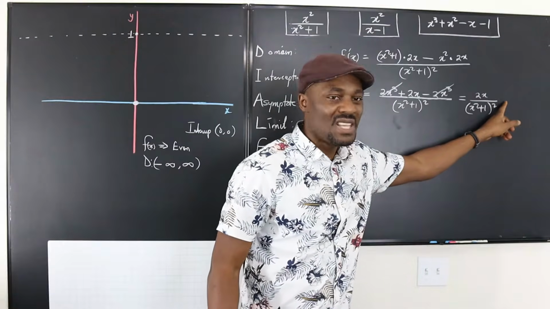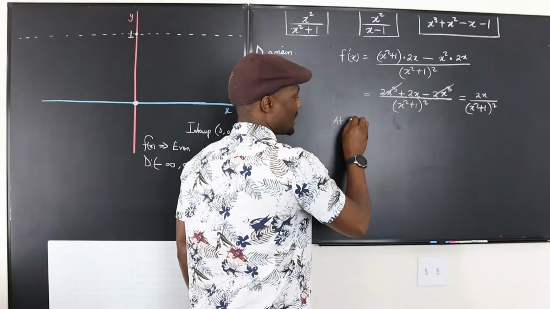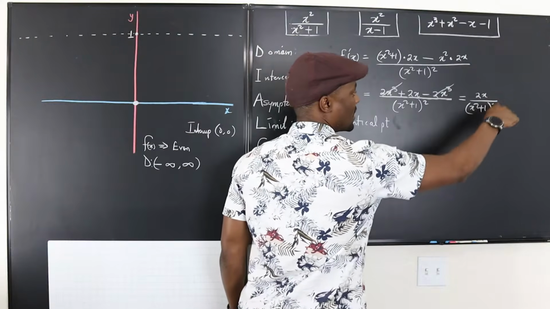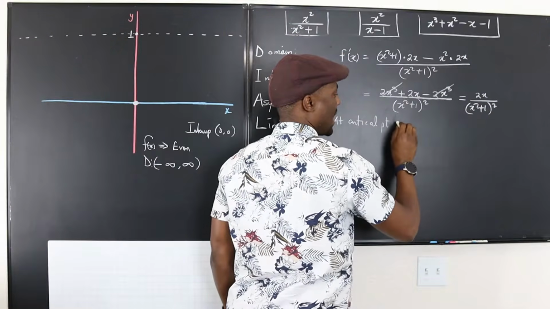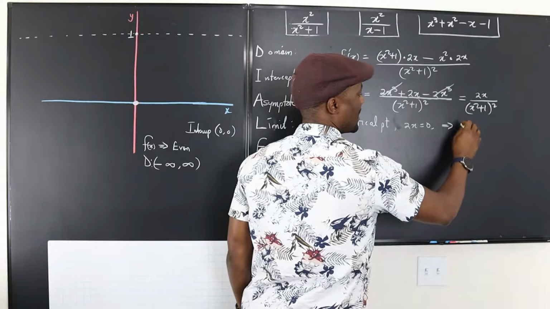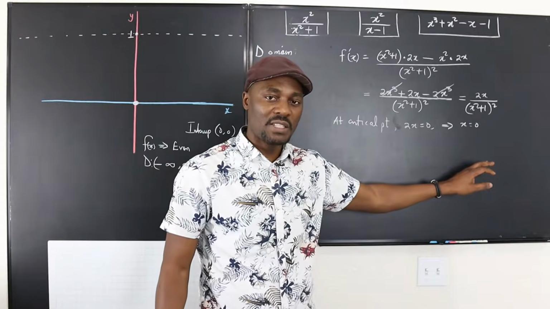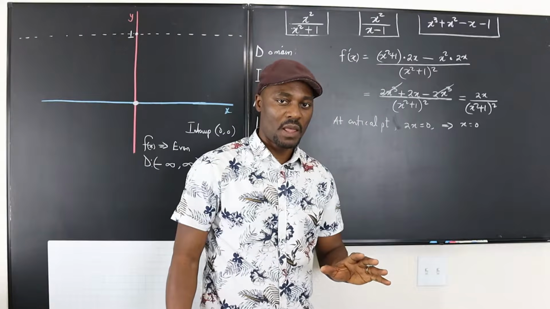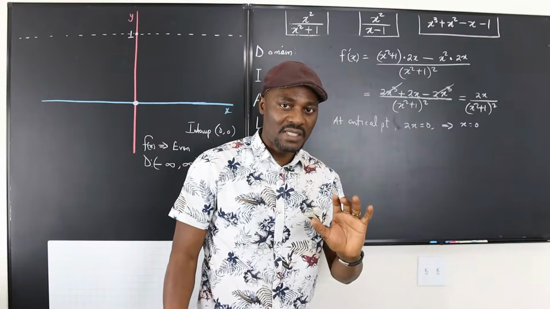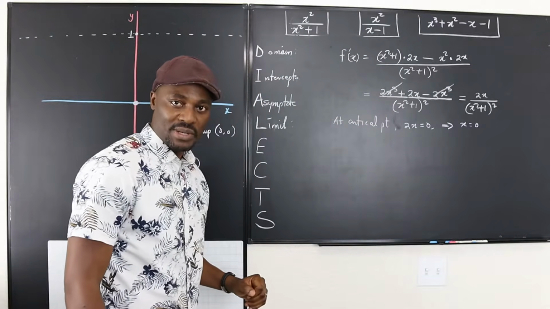So if we equate this to 0, it simply means 2x equals 0, which implies that x equals 0. So the point x equals 0 has become a critical point. Something happens at x equals 0. So how do we know what happens?